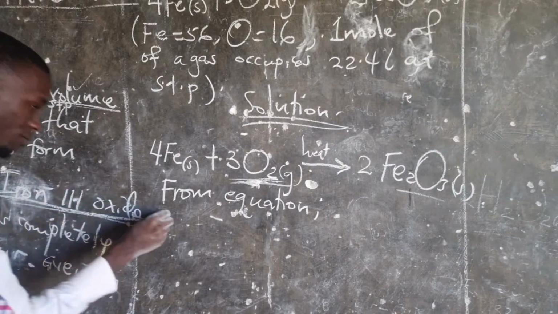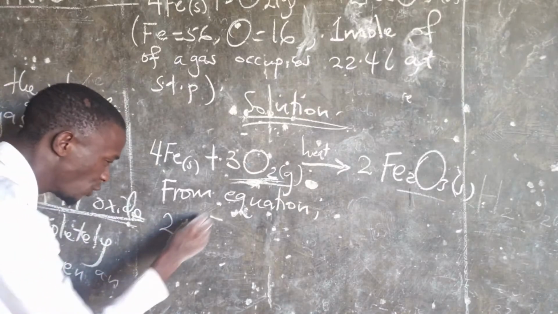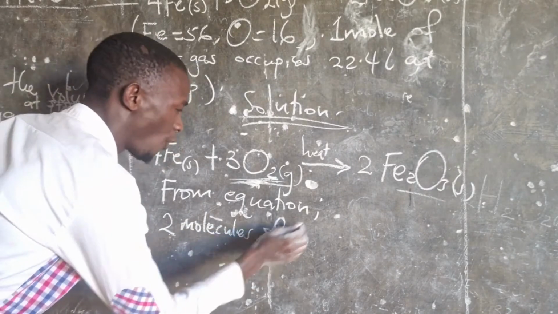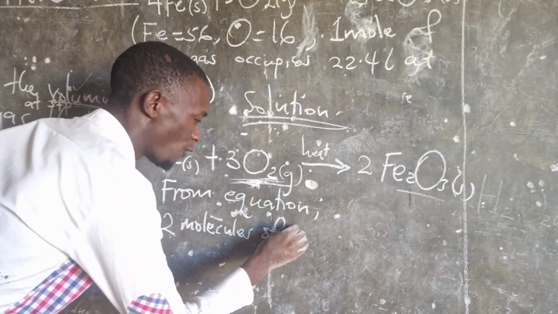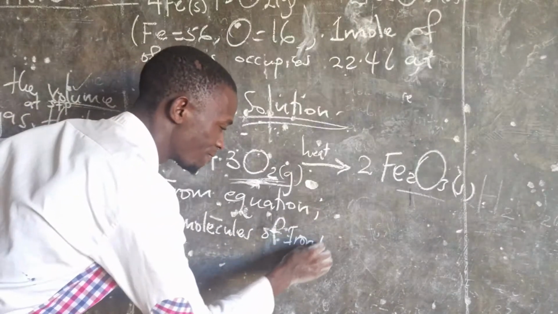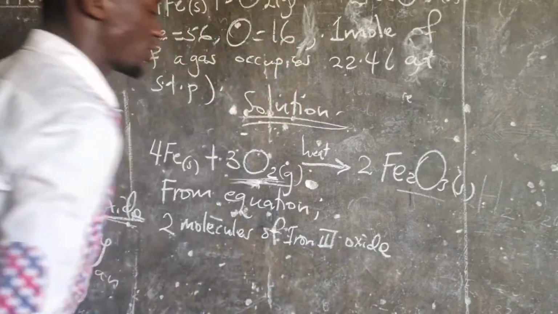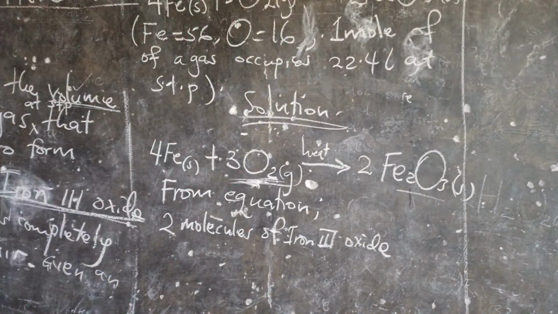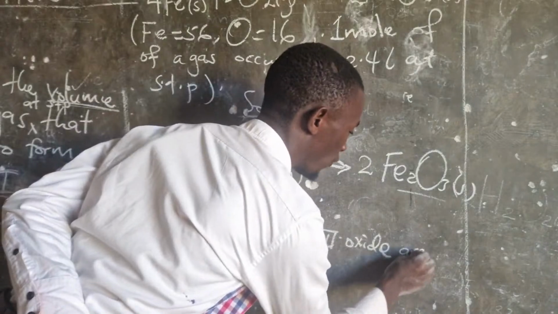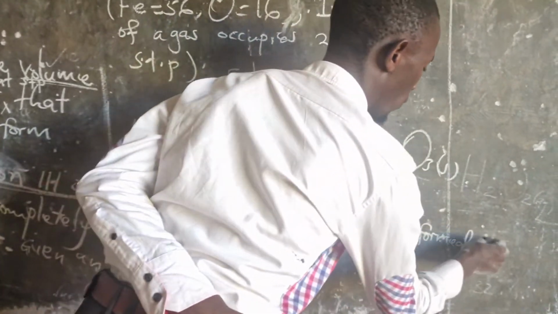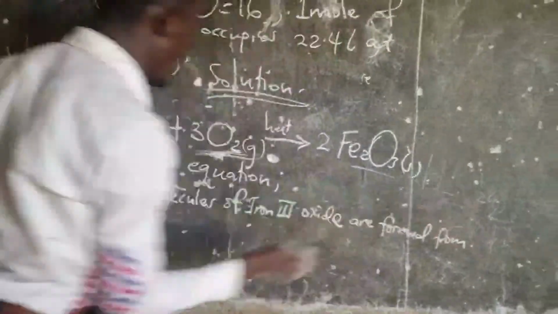From the equation, 2 molecules of iron 3 oxide. What are they telling us to relate it with from the question? They're telling us to relate it with oxygen. These are formed from how many molecules?